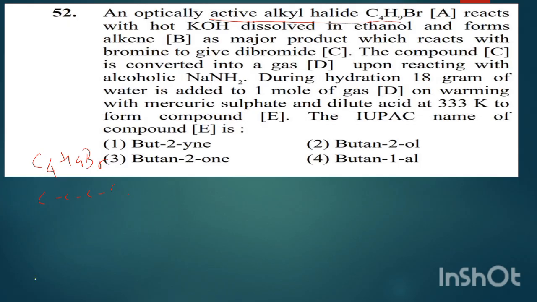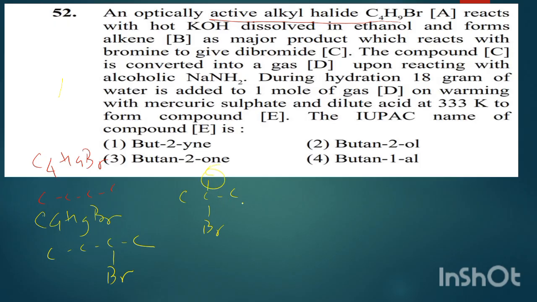For C4H9Br to be optically active, the bromine must be on this carbon. You can think of other ways of placing bromine, but those are not optically active.